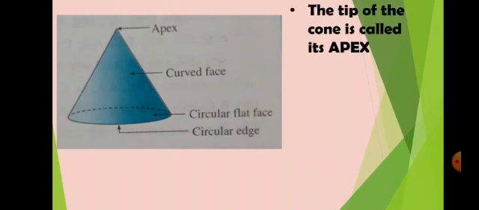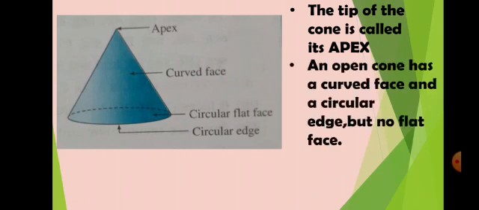You all can see the figure of a cone, where you can see the apex, curved face, circular flat face and the circular edge. Now the tip of the cone is called its apex. An open cone has a curved face and a circular edge but no flat face.